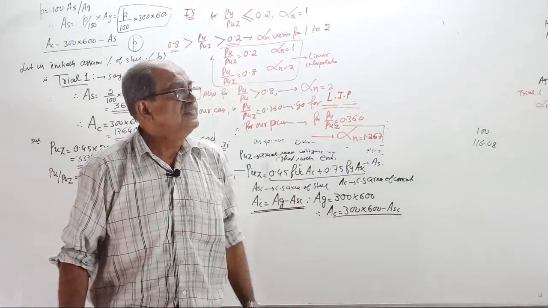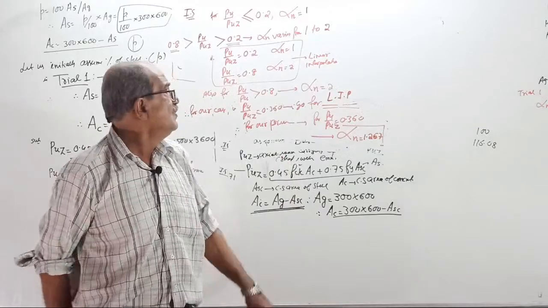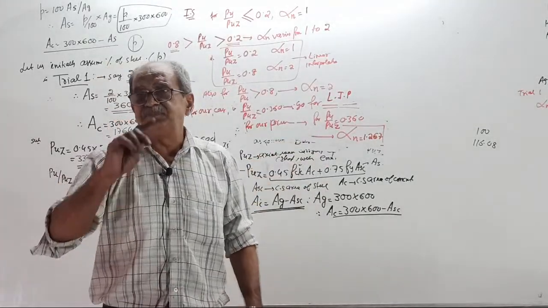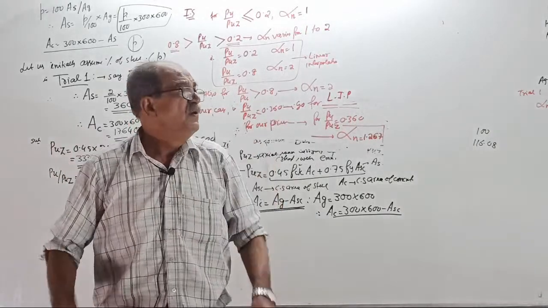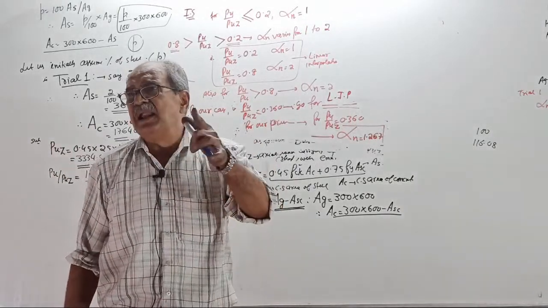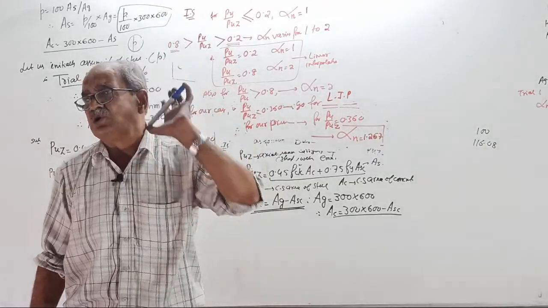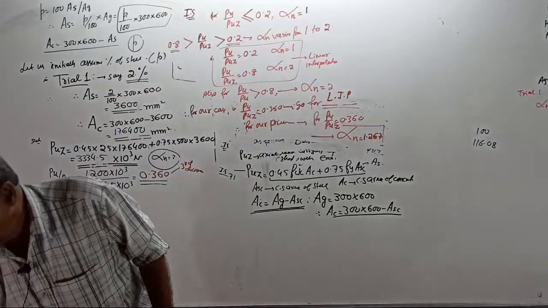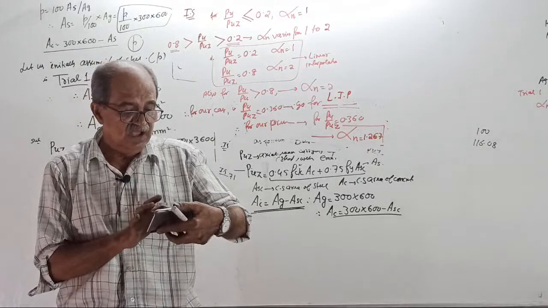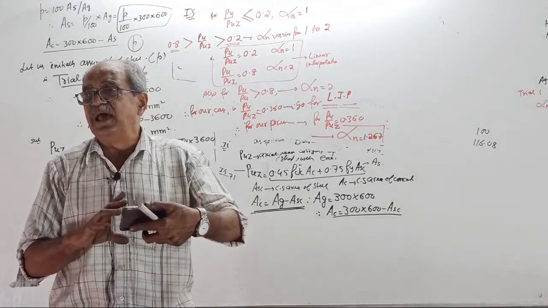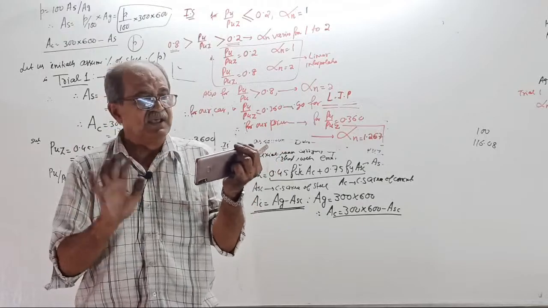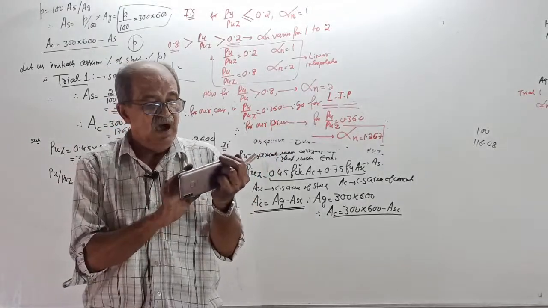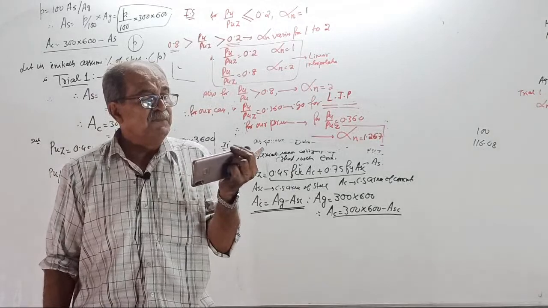Tell the answer. Now onwards in my class, for this question, when we redesign in the subsequent trials, will you be able to tell me the alpha n value or not? Now onwards it should be absolutely clear. Alpha n is no problem for us.